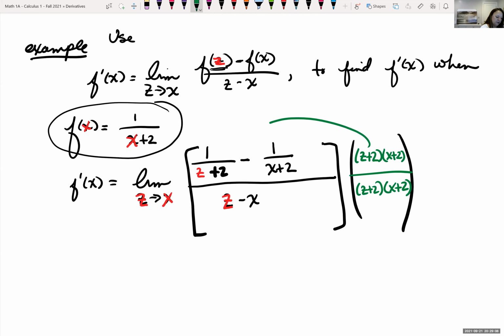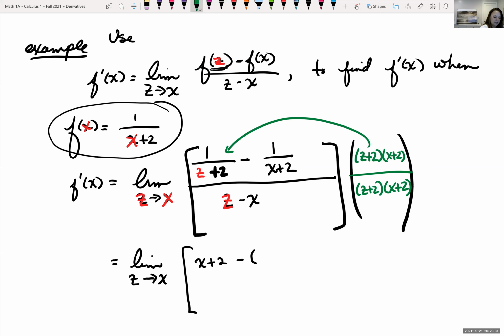So if we distribute that to the first term, let's bring down our limit. So we have the limit as z approaches x. Distributing it for the first fraction, the z plus 2 cancels, and you're left with just the x plus 2. Minus, I need parentheses.